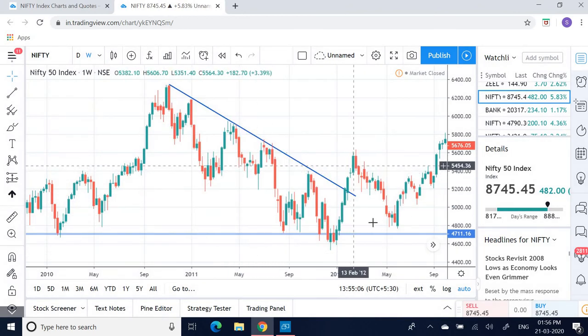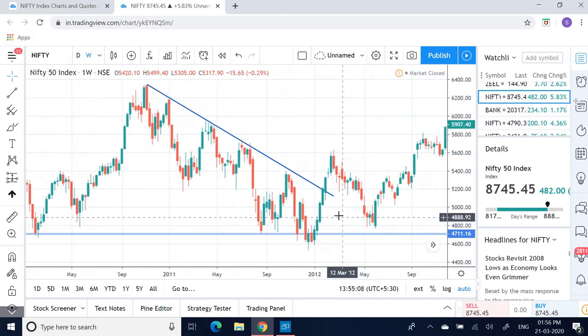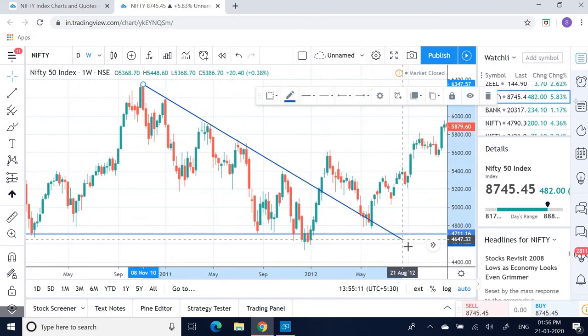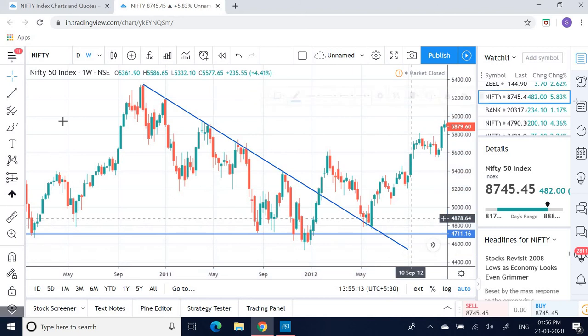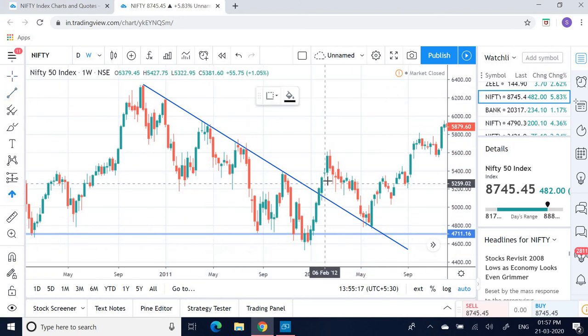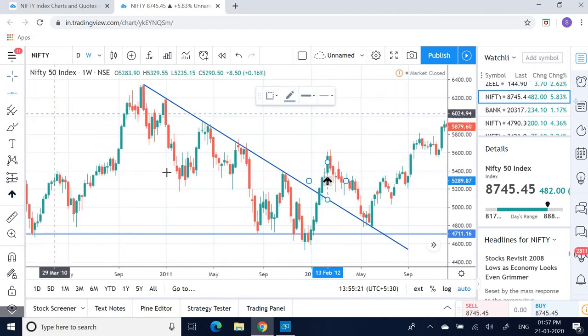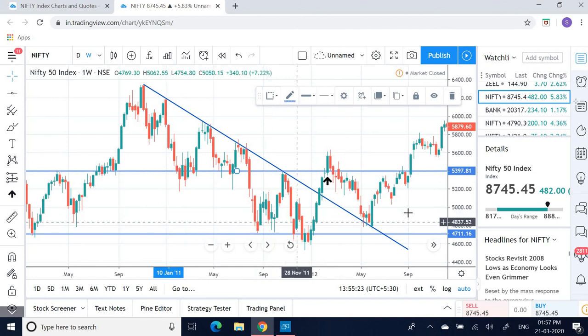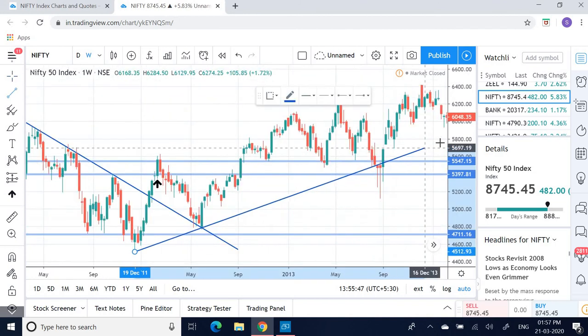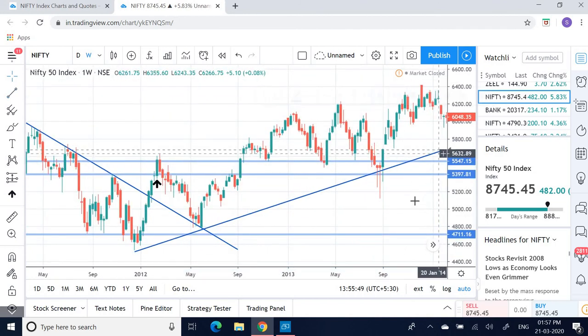High is broken. You buy some ETFs over here. Okay. This is your entry point. This is your entry point. Somewhere around 5,300. Trend line. It wasn't a sell ever.